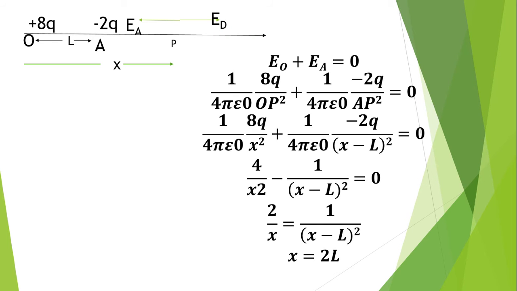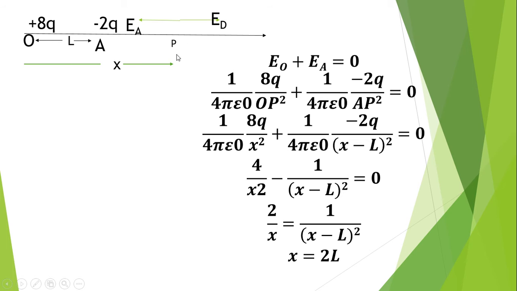First, the plus 8Q charge is located at the origin, x equal to 0, and the minus 2Q charge is located at point A at a distance L from the origin. P is the point where the resultant electric field intensity is 0 according to the question. The position of the point P with respect to the origin is x.